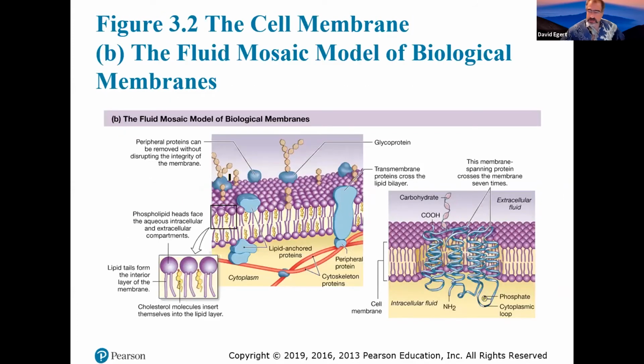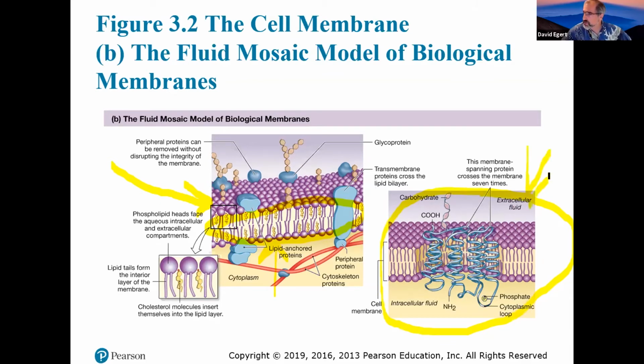This is showing it in a more elaborate way here. Here are all of the polar heads towards the outside, all the tails towards the inside. This is showing it in 3 dimensions. Extracellular fluid, this is outside the cell. This would be inside the cell. This is the basic structure of a cell membrane.